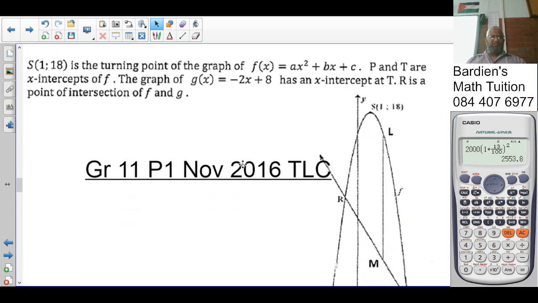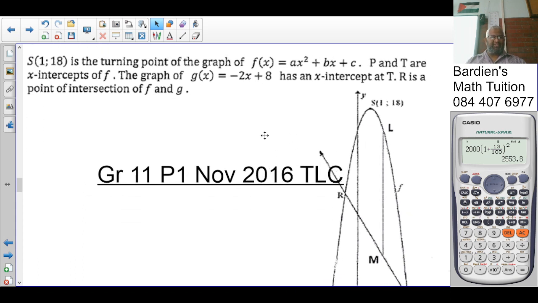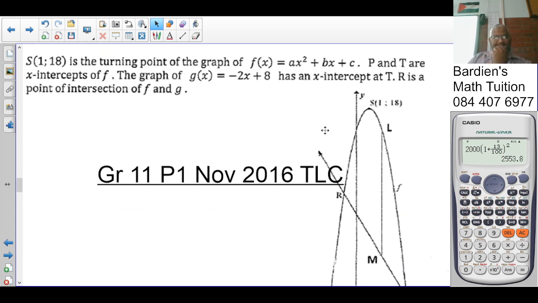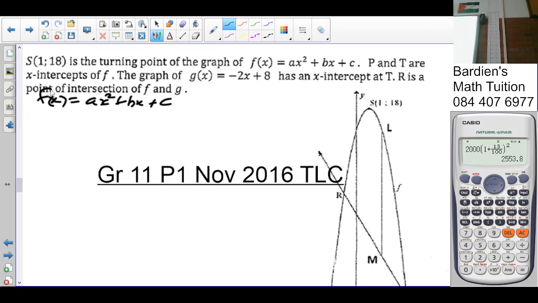Alright. So in question 6 we are told that S, which is (1; 18), is the turning point of f of x equal to ax squared plus bx plus c. So we're just going to write this here: f of x is equal to ax squared plus bx plus c. That equation is not given. P and t are the x-intercepts of f, which is on the graph.